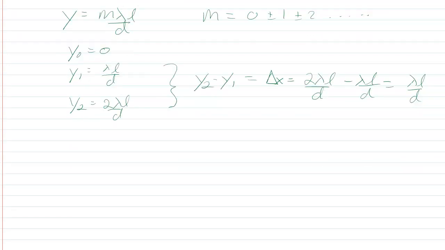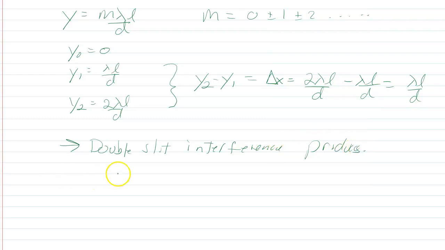And this is the story here: the double slit interference produces equally spaced maximums, and that spacing, which I call delta x, is lambda L over d.